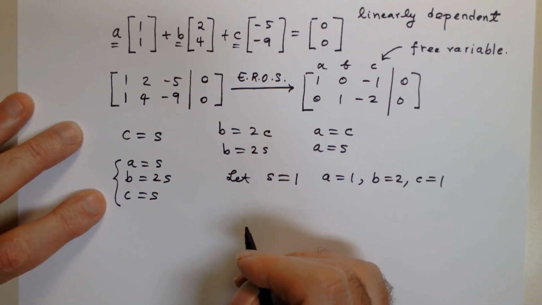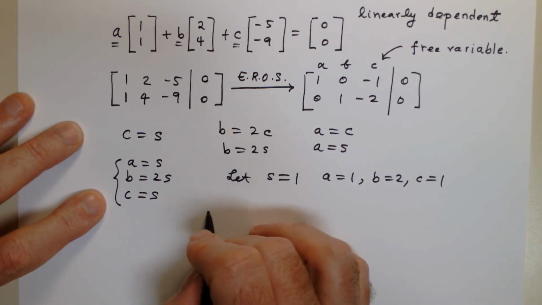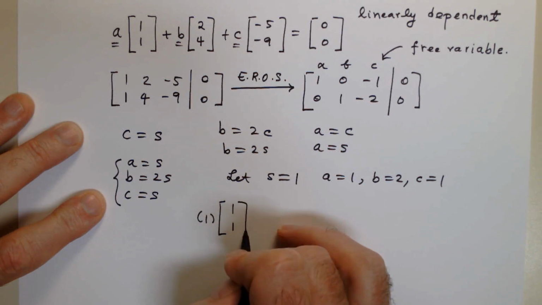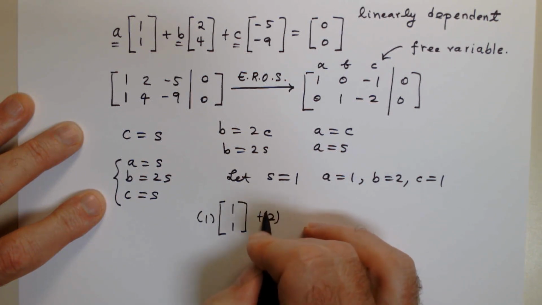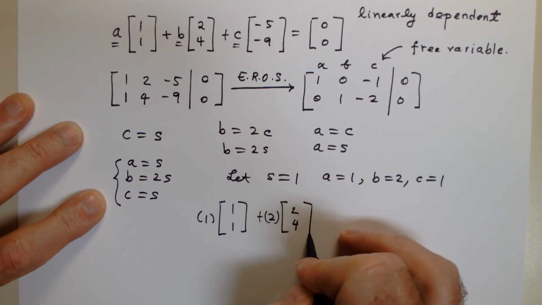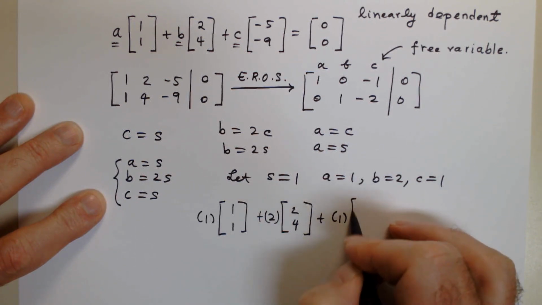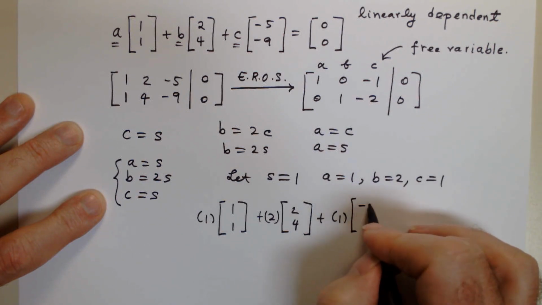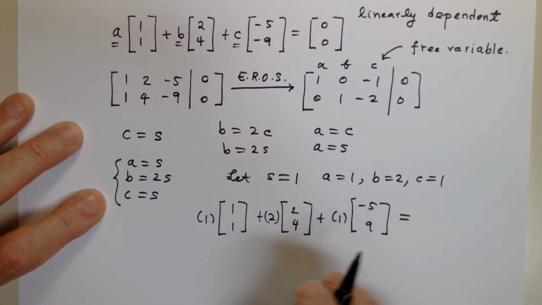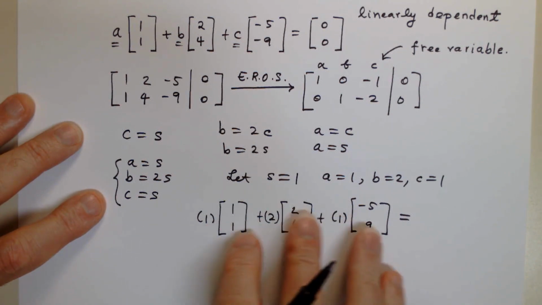And that gives us a combination that looks like this. I would have 1 times the vector 1, 1. 2 is going to scale the vector 2, 4. And 1 will scale the vector negative 5, 9. Now, if we've done our work correctly, this should add up to the 0 vector.